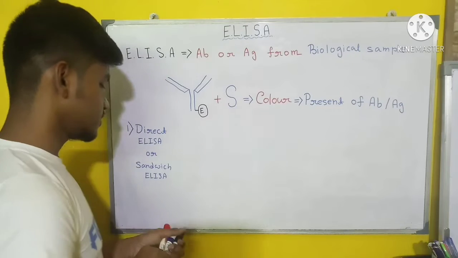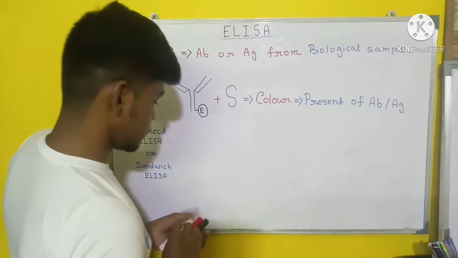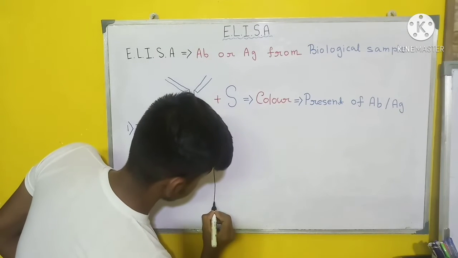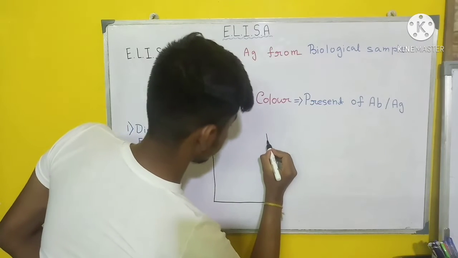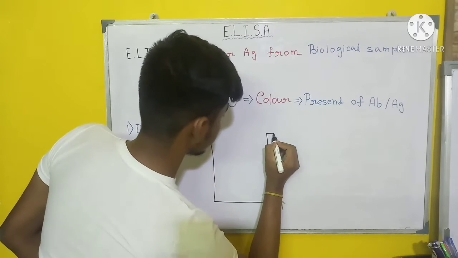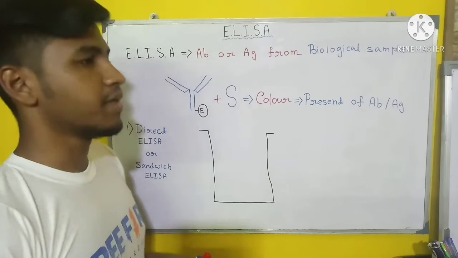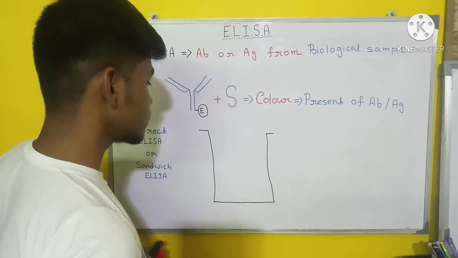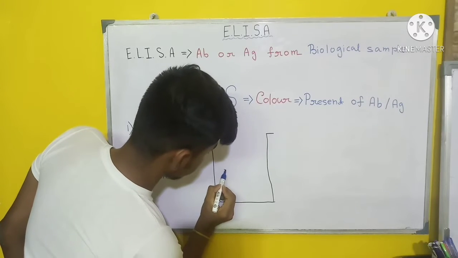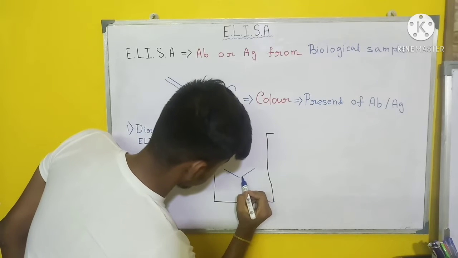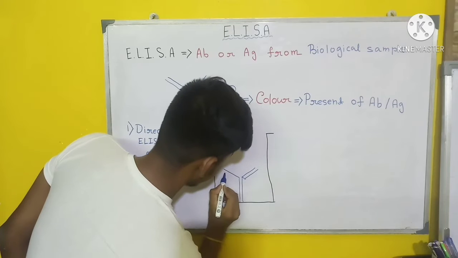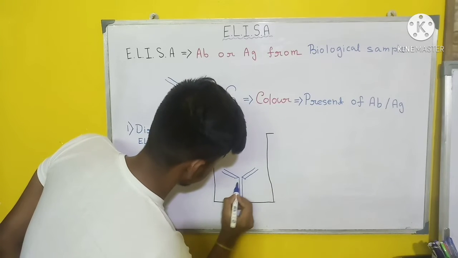This is a well of the 96 well microtiter plate, and this well is coated with some antibody on the surface.